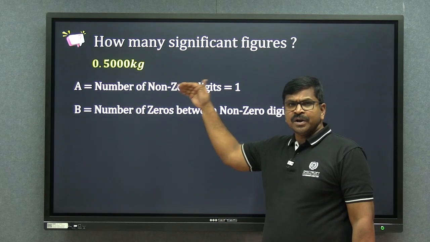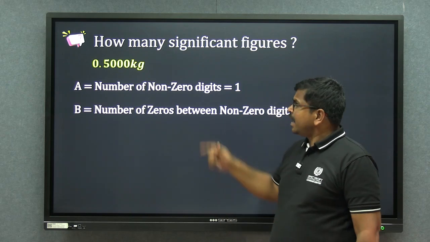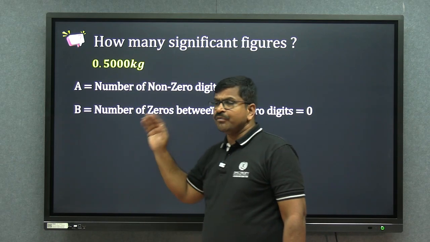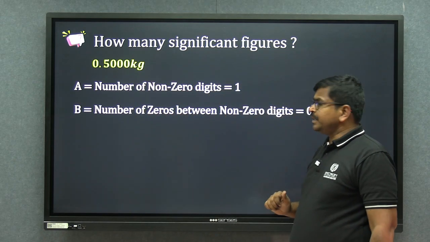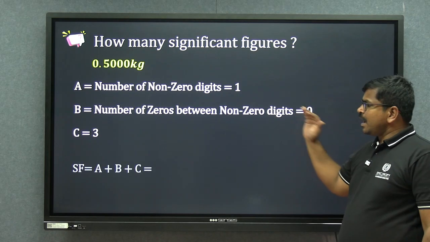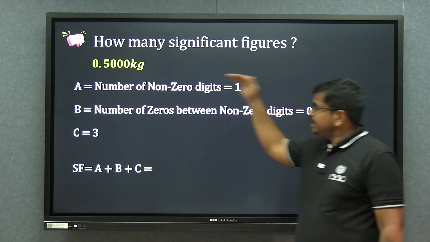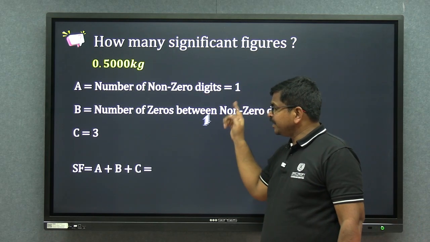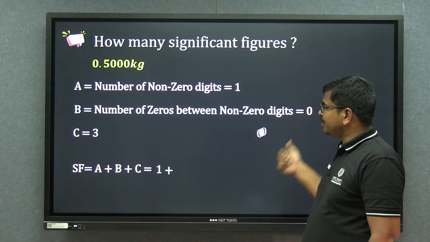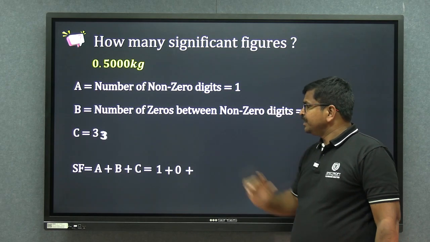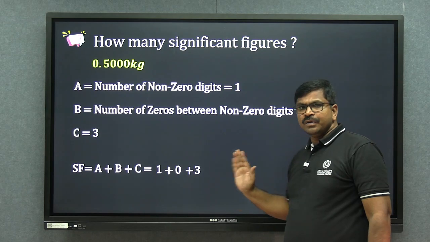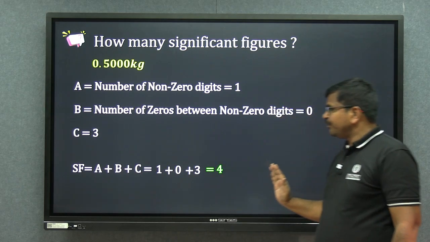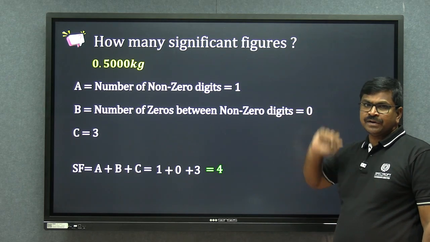Is it a decimal number or not? Yes, it is a decimal number. And how many trailing zeros are there? 1, 2, 3. Total 3 trailing zeros. So our significant figure formula is A plus B plus C, and here A equal to 1, B equal to 0, C equal to 3. Altogether 1 plus 0 plus 3 equal to 4. So 4 is the answer for this one.